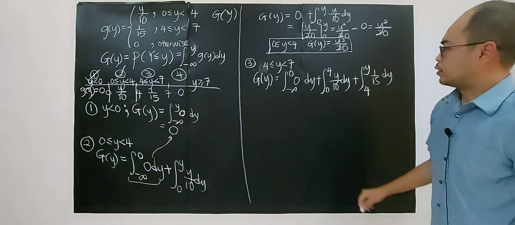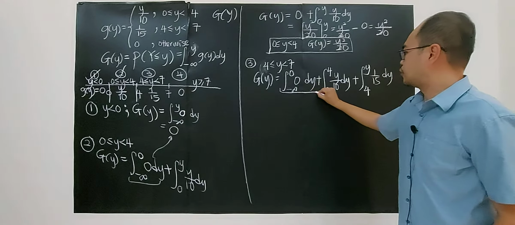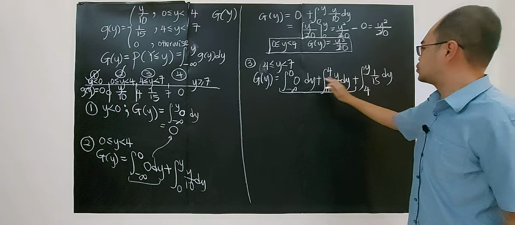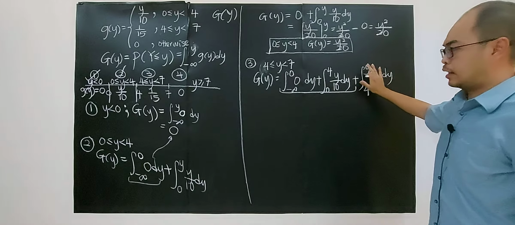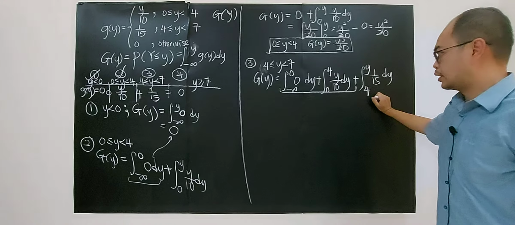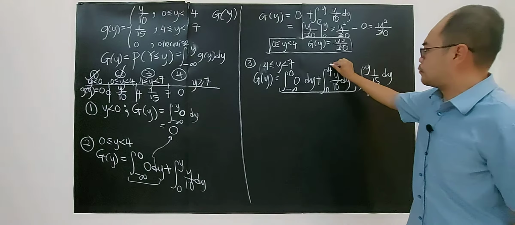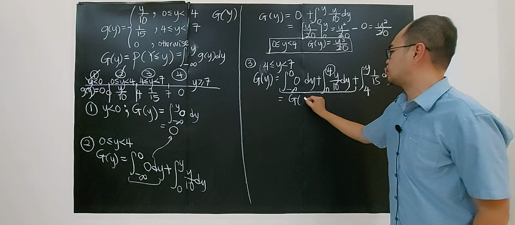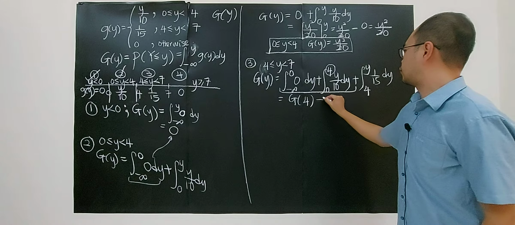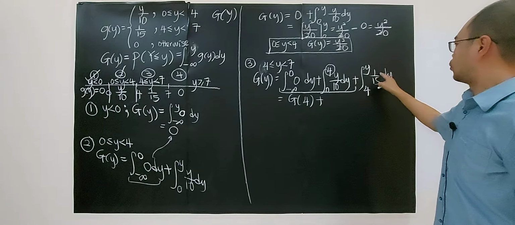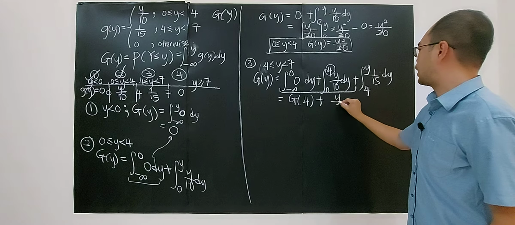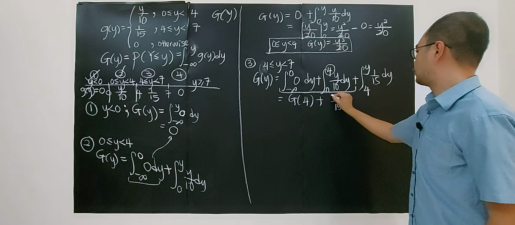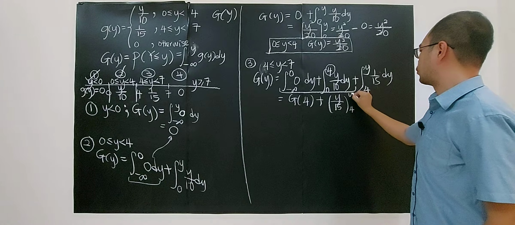So in the previous video, I have shown you that if you want to find the cumulative, the first two here, leave the third integral alone. So it ends with 4. This whole thing we name G4, G4 plus the current one. So 1 over 15, if you integrate, you have y over 15 from 4 up to y.